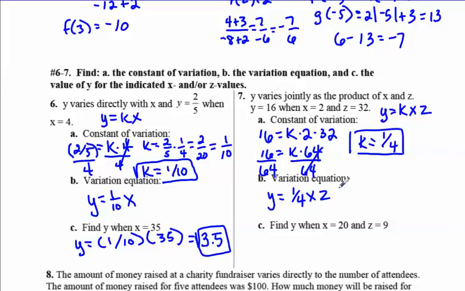So finally, I can substitute in values for x and z and find y. Y equals 1/4 times 20 times 9. Well, 1/4 of 20 is 5, and then 5 times 9 is 45.